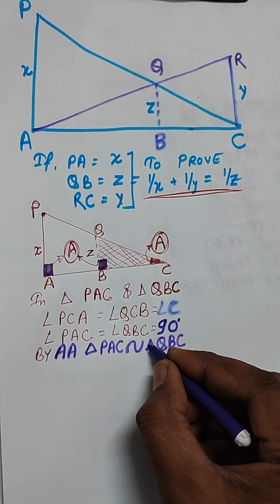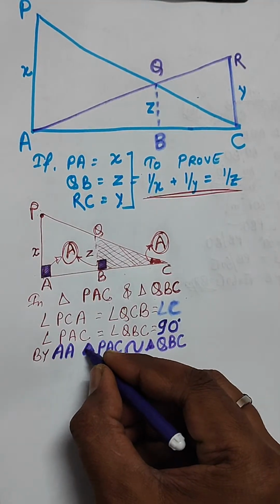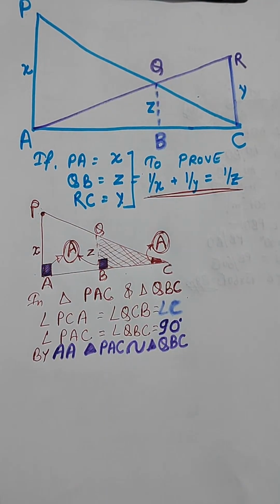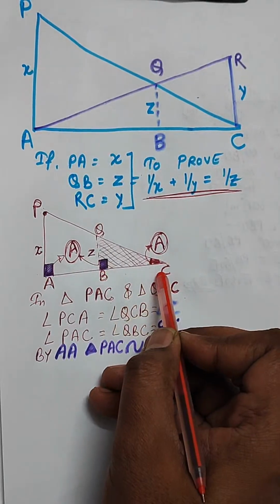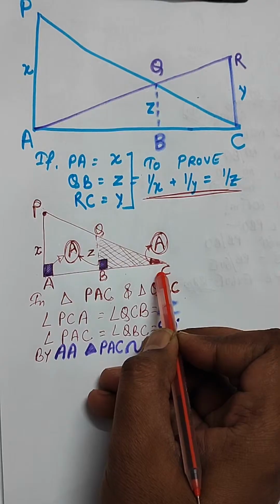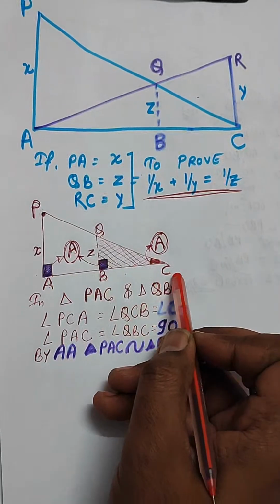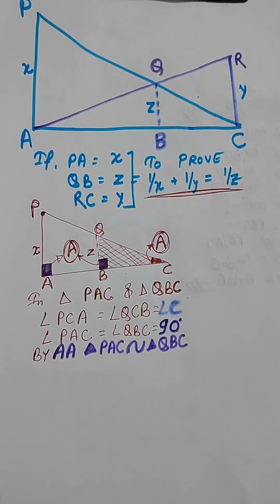Now if these two triangles are similar, then the corresponding ratio of the sides can be taken. So we can write AC by BC.